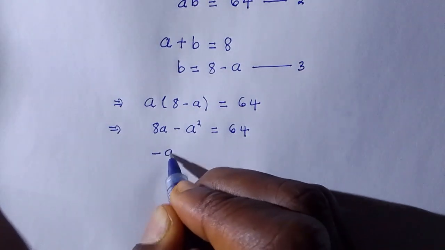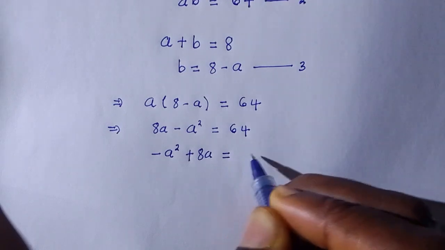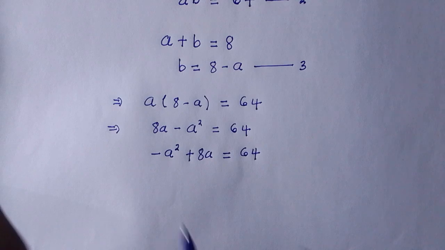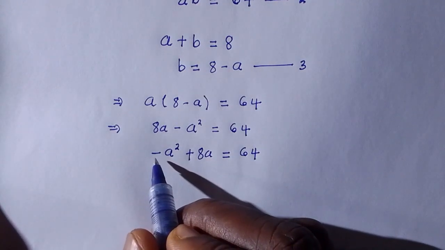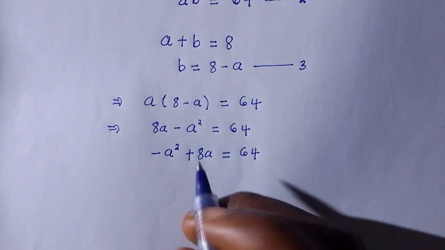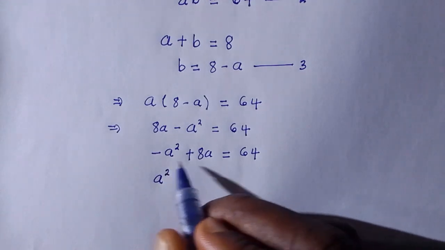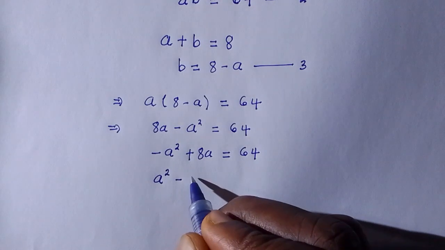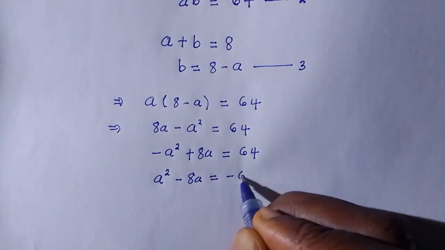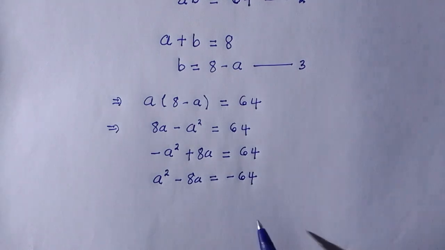By rearranging, we have minus a squared plus 8a equals 64. Here the leading term is negative, and we don't want to start the equation with a negative. So we multiply through by negative: minus times minus a squared becomes plus a squared, minus times plus 8a becomes minus 8a, and minus times 64 becomes minus 64. So we have formed a quadratic equation.